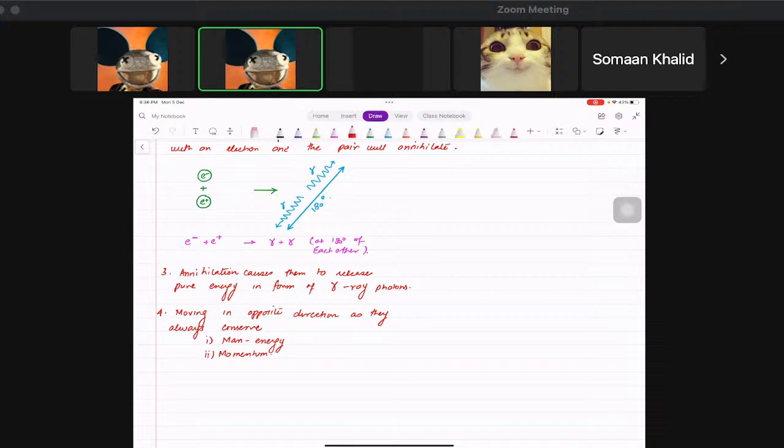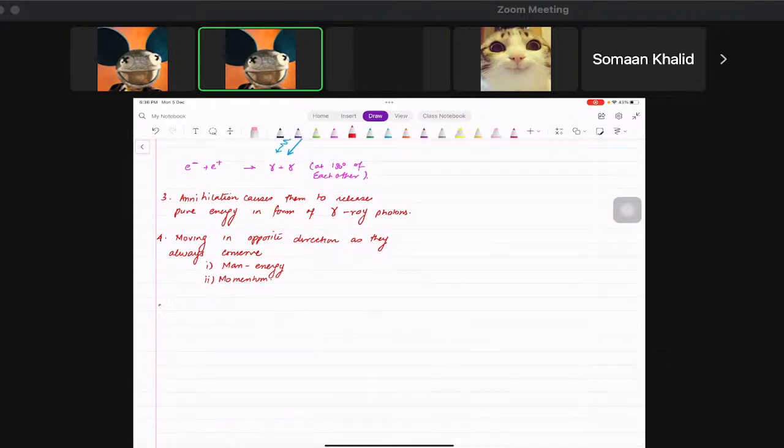Now, in this process, the initial kinetic energy of the positron is almost negligible because it instantly meets an electron, right?